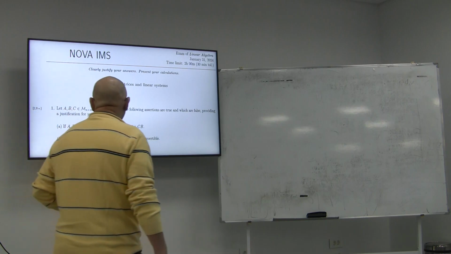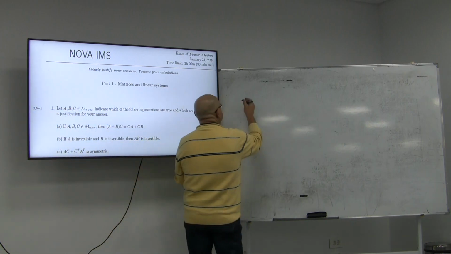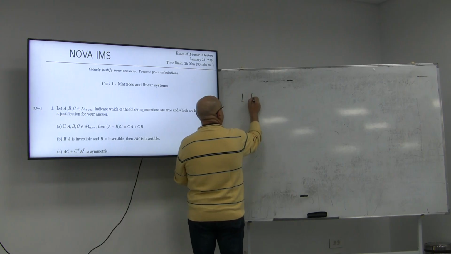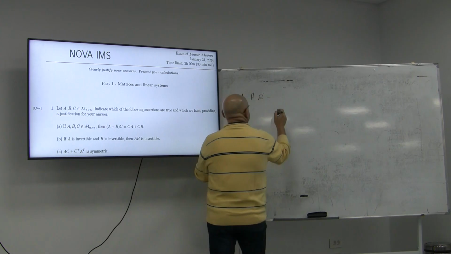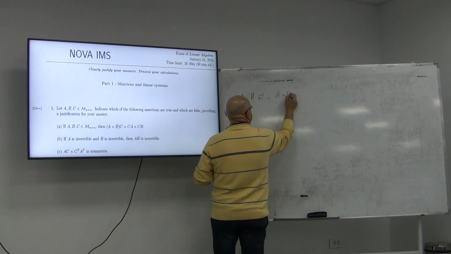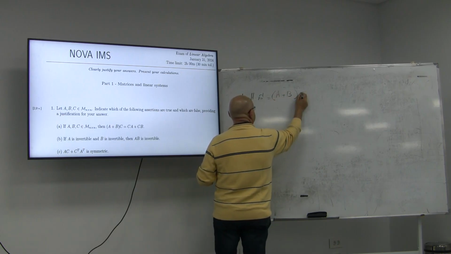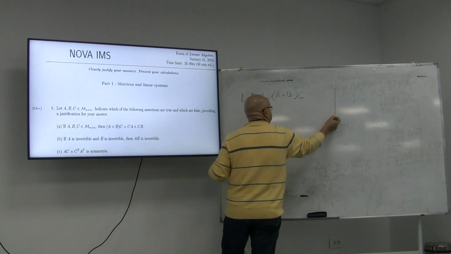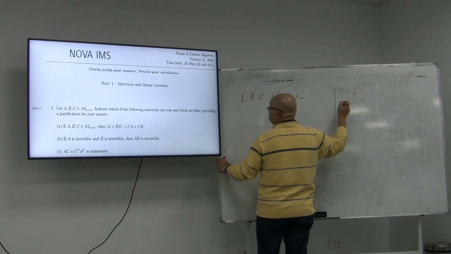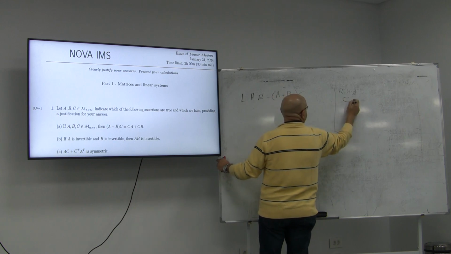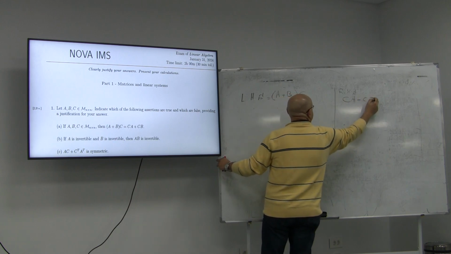If I start with the left hand side, (A plus B) times C, and want to reach the right hand side, which is CA plus CB.